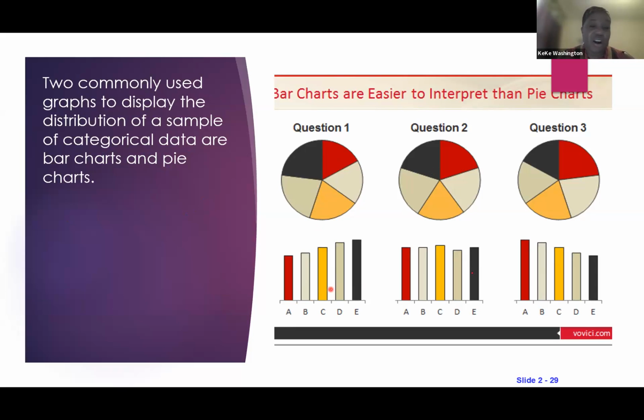The bars are not touching because you can't have an A and a B. There's no consistency here. Categories are not continuous. That's the word I was trying to state. They're not continuous. Numbers are. So that's why we don't have any spaces between the numerical data on histograms, but we do with the bar graphs. That's one of the key differences between the two.